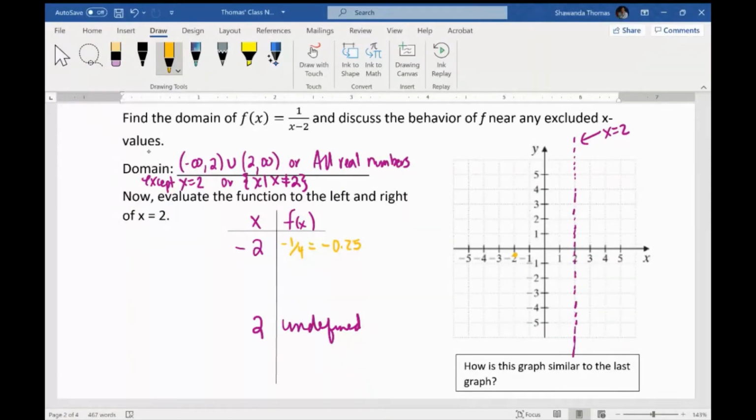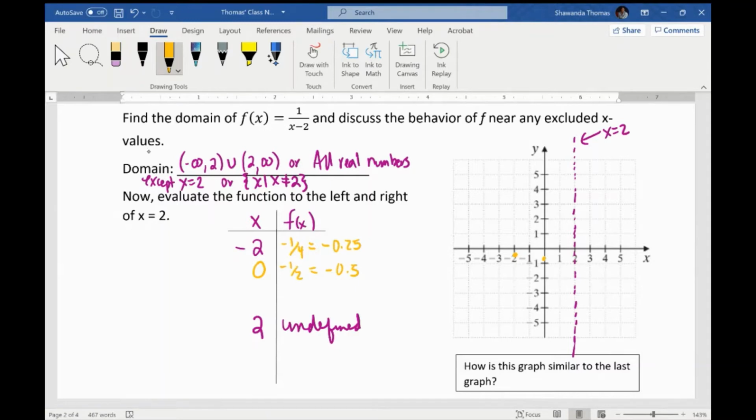Let's plug in 0. What do you get when you plug in 0? Negative 1/2, which is negative 0.5. So at 0, we're going to plot here. Let's get closer. We're approaching from the left right now.